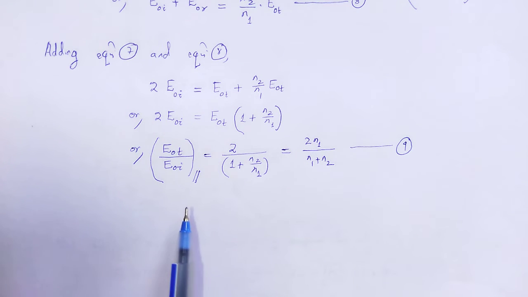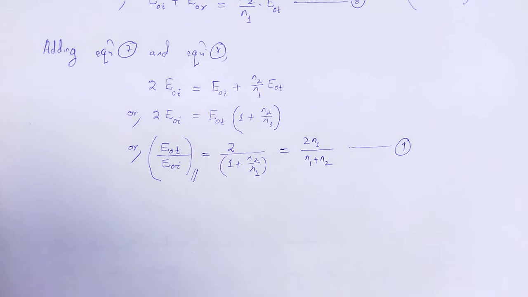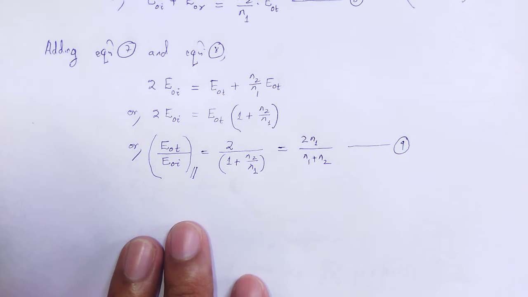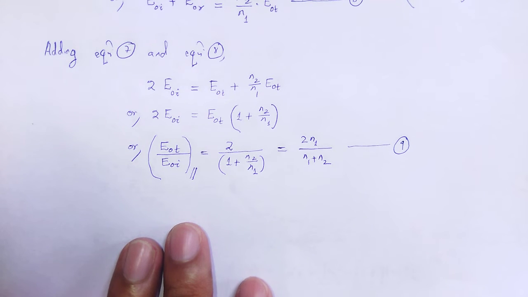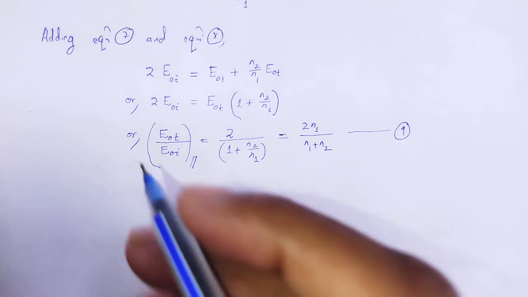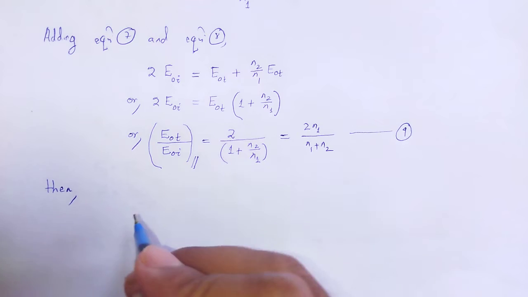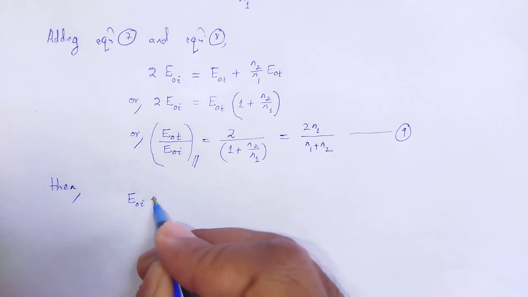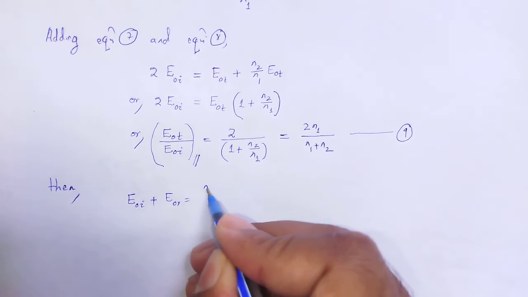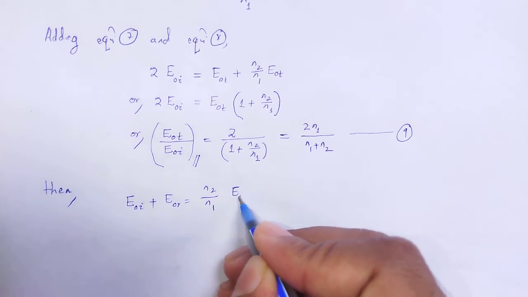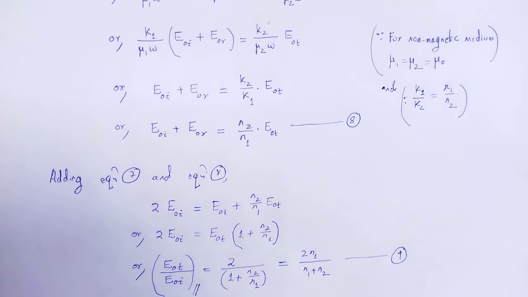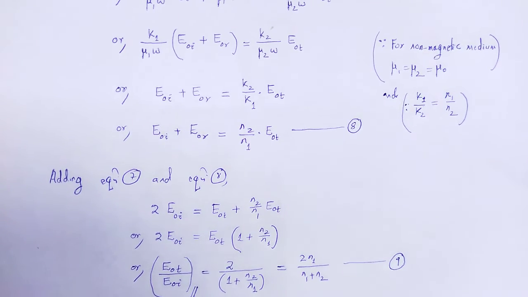Next, we have to show what is E0R to that of E0I. Then, as we say, E0I plus E0R is equal to N2 by N1 E0T, in that equation number 8.